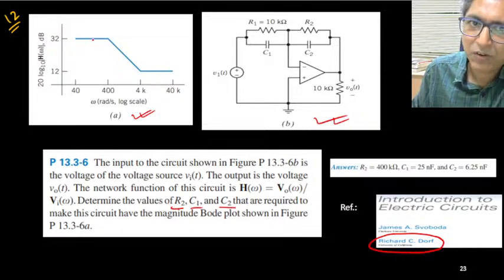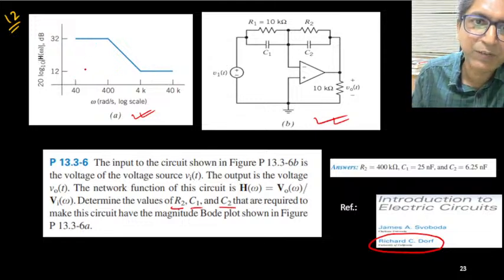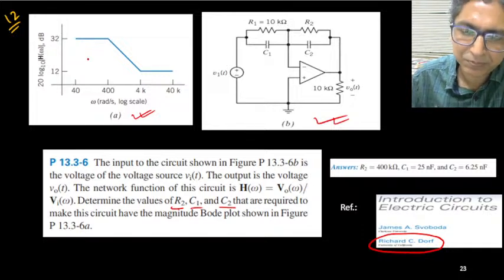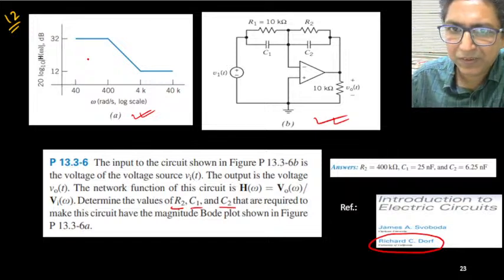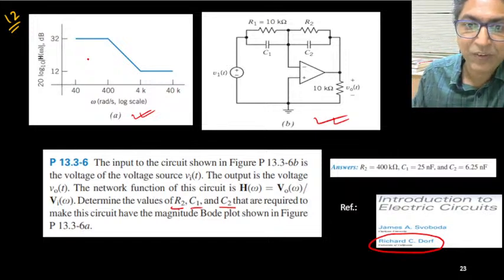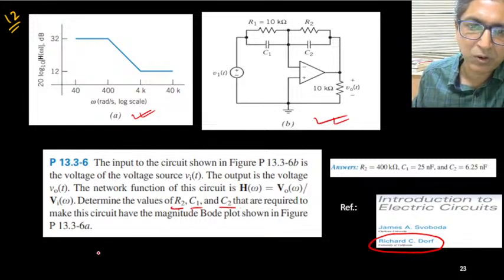At very low frequency its magnitude is high, about 32 dB, and at high frequencies it is about 12 dB. So the gap between high frequency and low frequency is 20 dB. It's good enough. Okay. But from here, can you find out these values R2, C1 and C2?